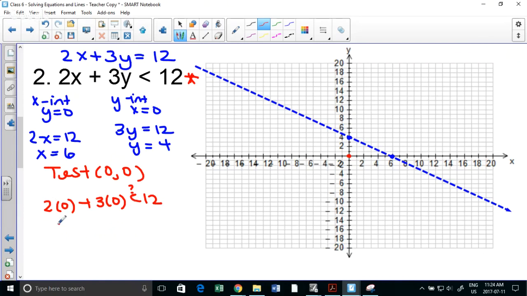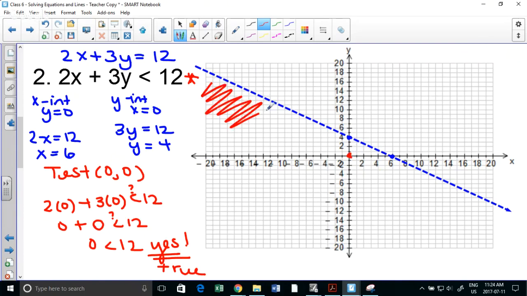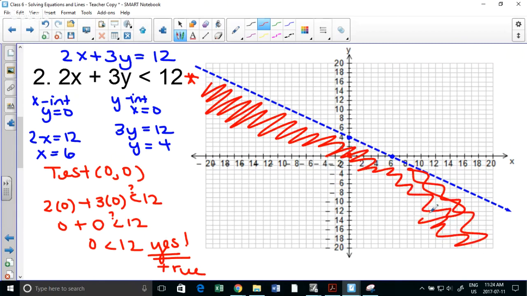Well, this is 0. This is 0. Is 0 less than 12? Yes. So 0, 0 is true. So 0, 0 is in my solution set. So I shade this side.